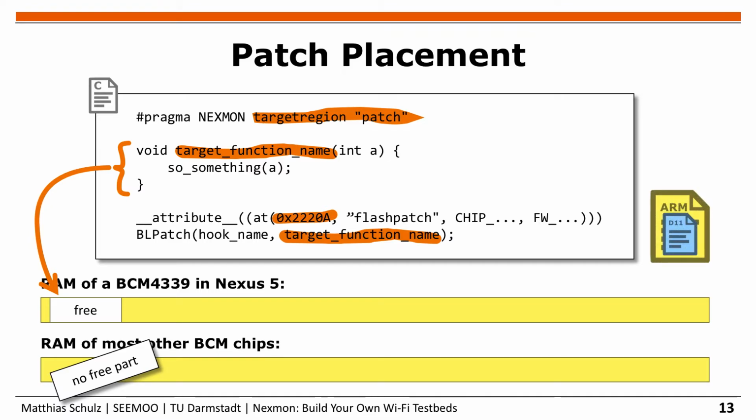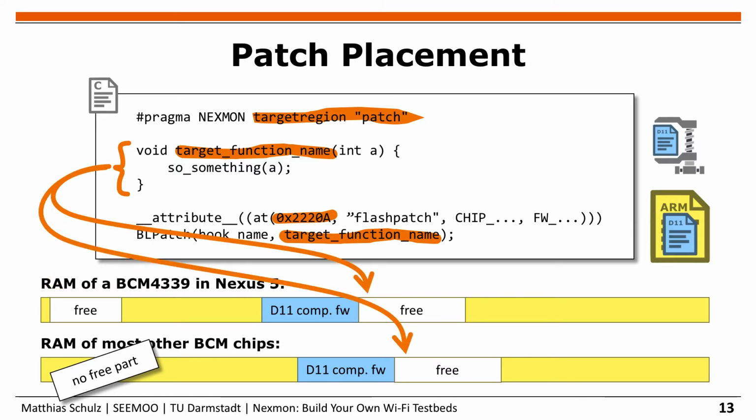And as I told you before, the ARM firmware also includes the source or the binary of the D11 firmware. One thing about this firmware is that the entropy is quite low, so you can compress it very easily. Instead of roughly 40 kilobytes of firmware code, you can compress it by roughly 50%, and then free some more space that you can use for your patches.